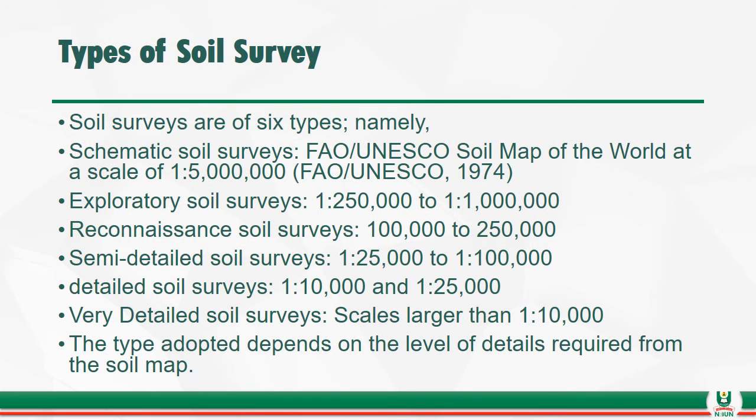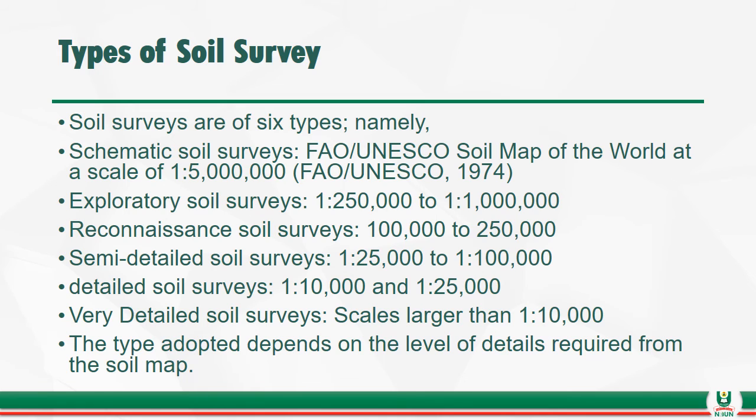Now, we have types of soil survey. Soil surveys are of six types, namely schematic. An example is the FAO UNESCO map of 1975 that has a scale of 1:5 million, and it has a very small scale. Also, exploratory soil survey is the one that has its scale from 1:250,000 to 1:1 million.